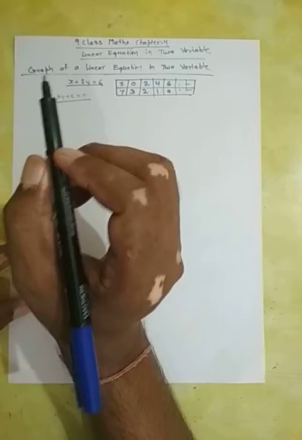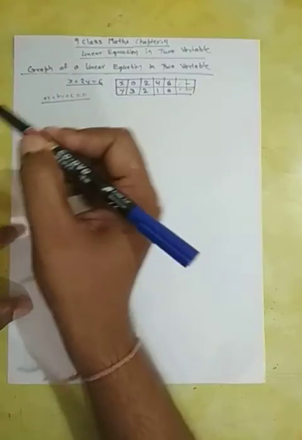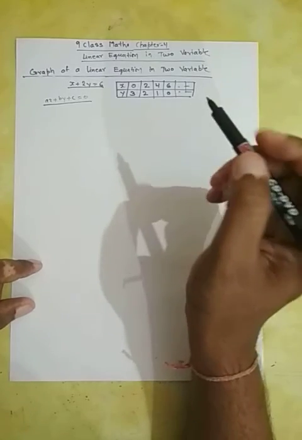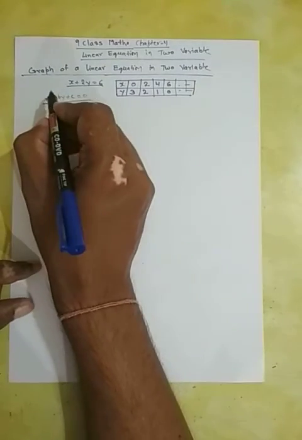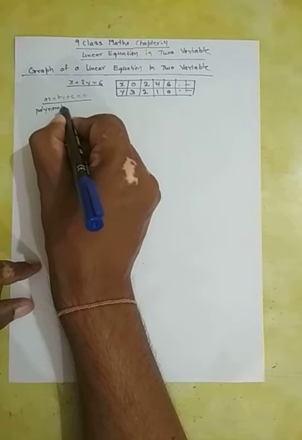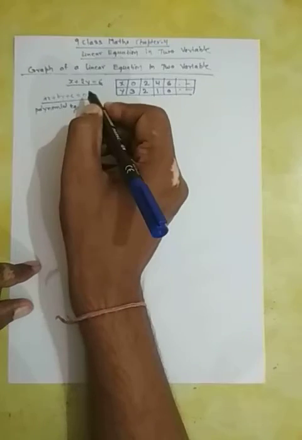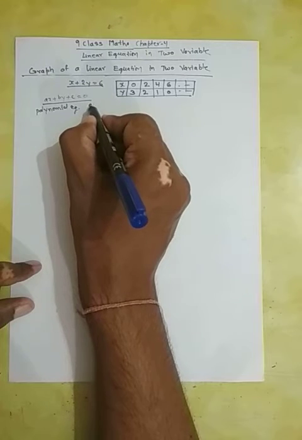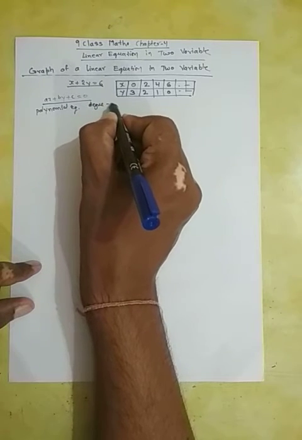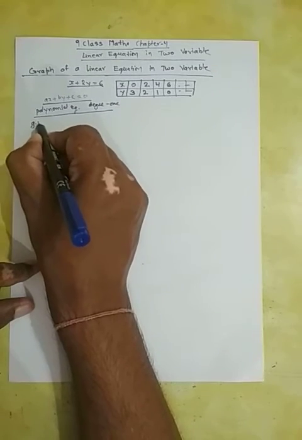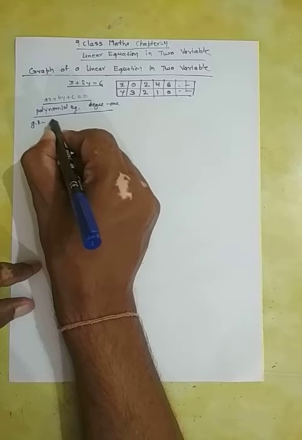अंडरस्टैंड? इसका ज्योमेट्रिकल रिप्रेजेंटेशन करेंगे, इसका मतलब इसका कार्टेशियन प्लेन में इसको डिनोट करेंगे तो हमें स्ट्रेट लाइन प्राप्त होगी. इसलिए इसको क्या बोलते हैं? जो पॉलीनोमियल इक्वेशन है, पॉलीनोमियल इक्वेशन डिग्री वन. इसका ज्योमेट्रिकल रिप्रेजेंटेशन क्या है? ए स्ट्रेट लाइन.